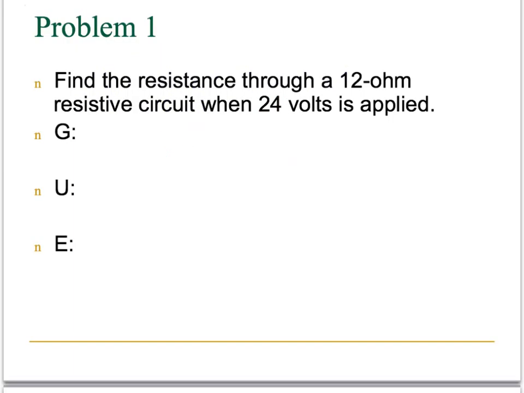Let us now try to apply what we learned in problems. Let us analyze this problem. Reading this together, it says here, find resistance through a 12 ohms resistive circuit when 24 volts is applied.